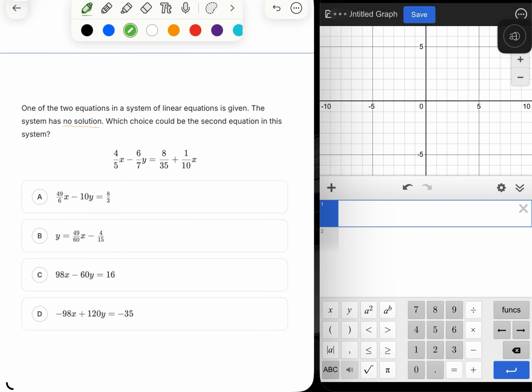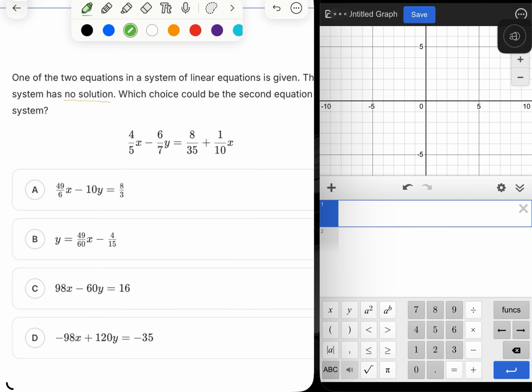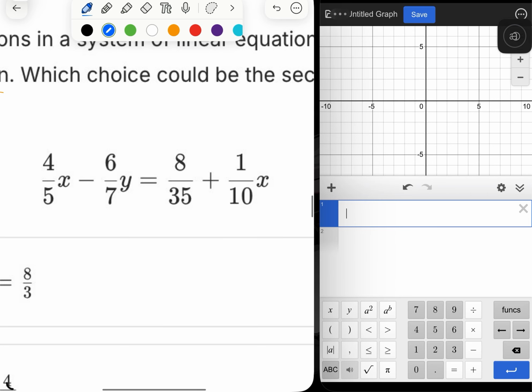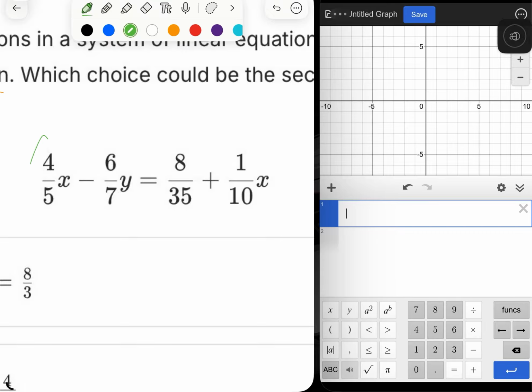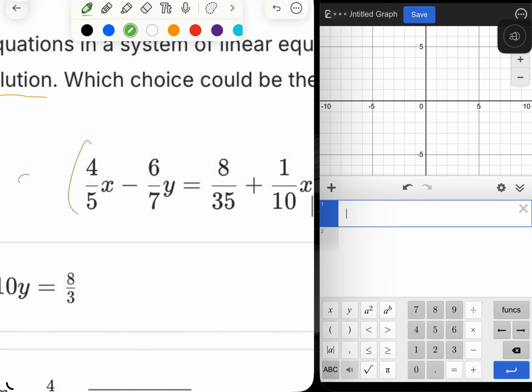And because we're trying to look for the second equation, and we're given the first one, I think it's always a good idea just to make this more readable. What I mean by that is just remove all these fractions. To do that, you can actually multiply everything here by 350, and the reason is because that's going to get the 5 out, the 7 out, and the 35 out.